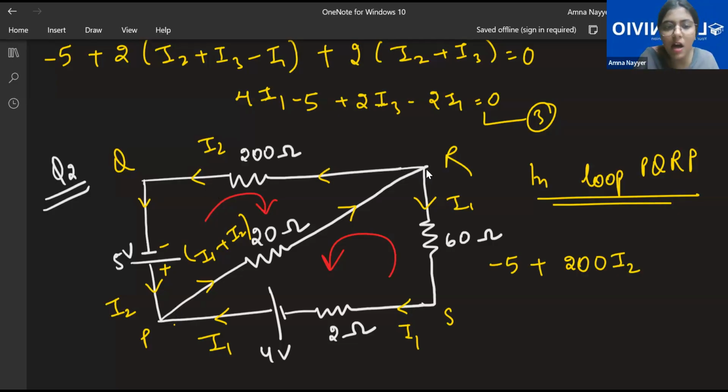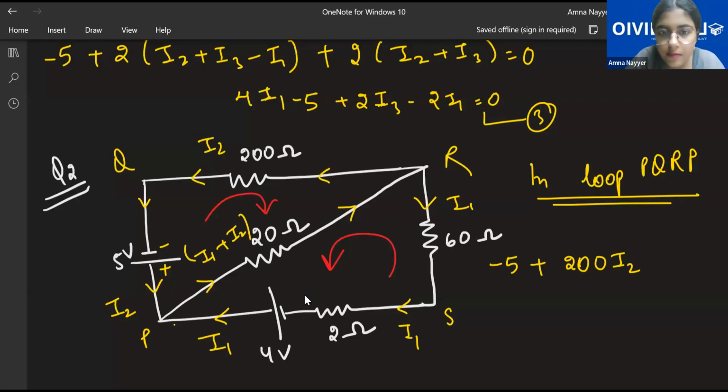See, we are moving from R to P. We went like this, now we are coming like this. Will it be positive or negative? Check it through: are we moving along the current or opposite to current? Positive, negative? Negative. Why negative?